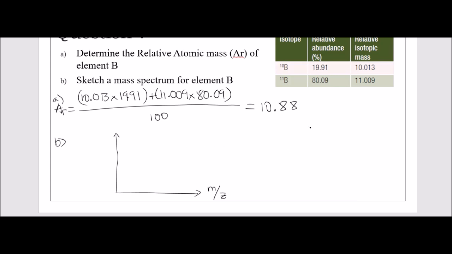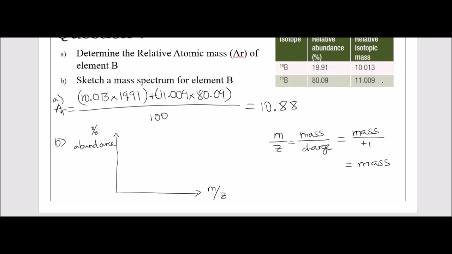Now the mass over charge, m over z, we do make the assumption that it is the same as mass, given that the charge is most of the time +1, and you don't really need to worry about any case when the charge is say +2, but in reality it does happen. And the vertical axis is supposed to be peak height. Now you can represent it as abundance, and that's fine, I think.